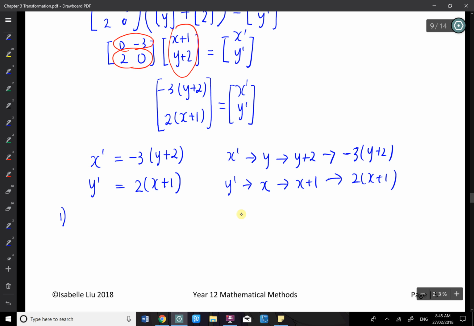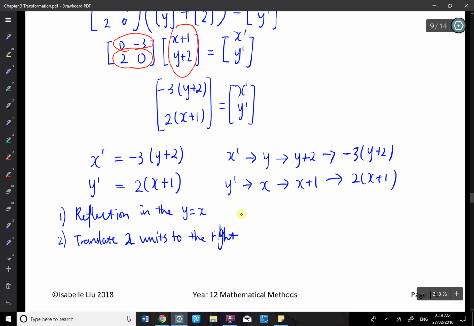So we can say first is a reflection in the line y equals x. So first of all, we swap the x and y. Second, it will be translate 2 units to the right and 1 unit up.